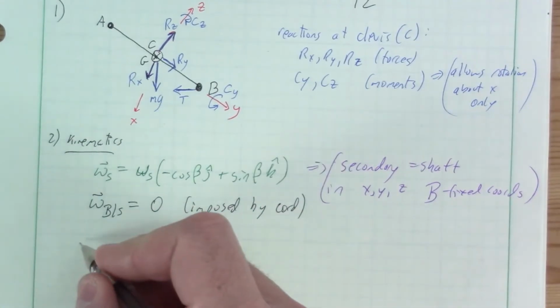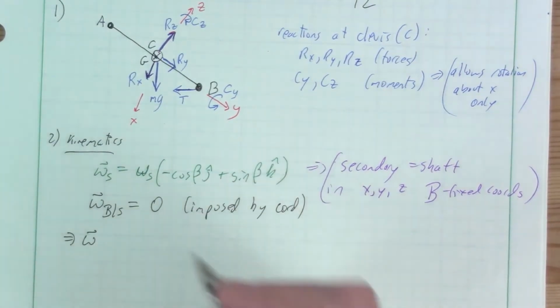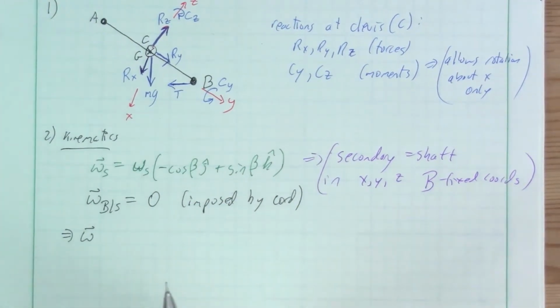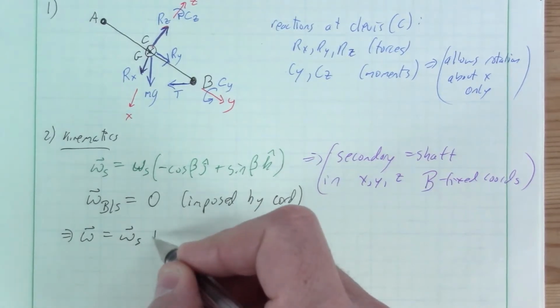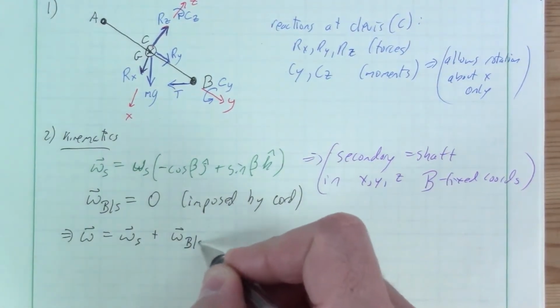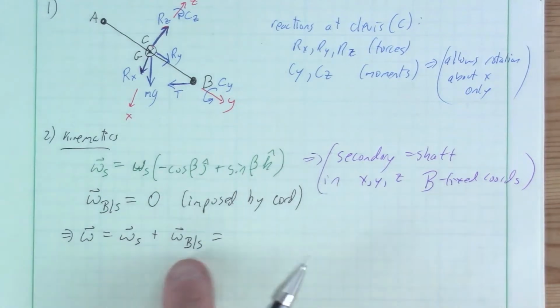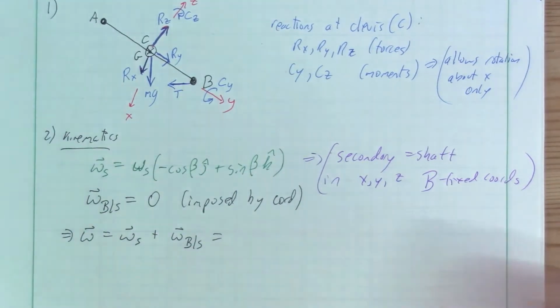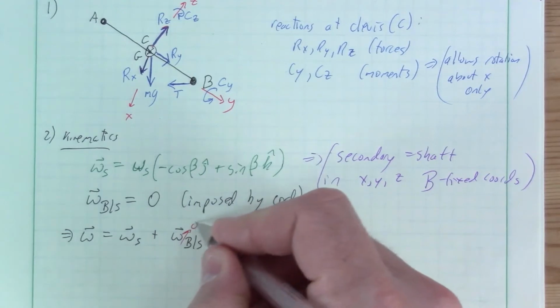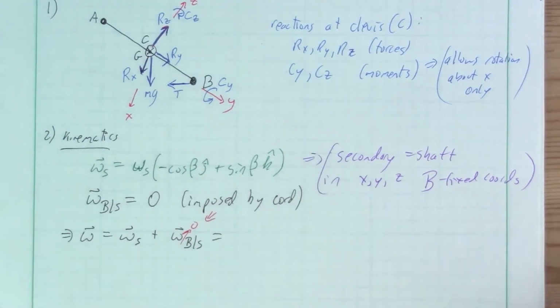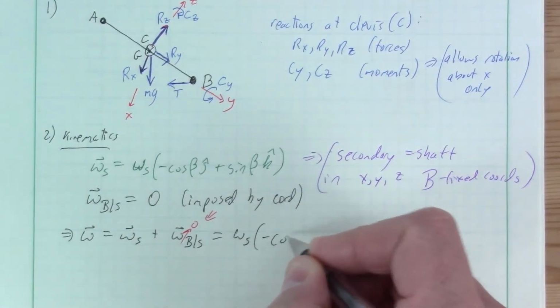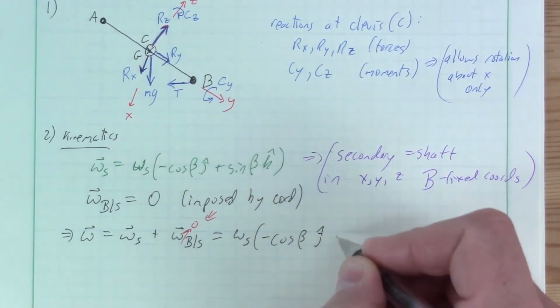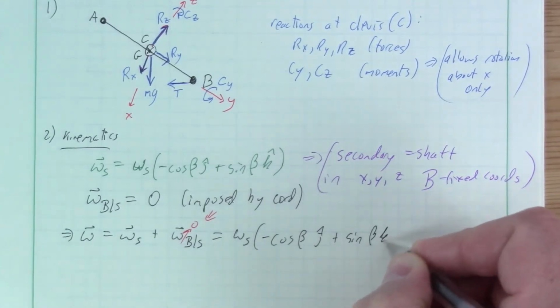Okay, so now we're prepared to actually get into these kinematic relationships. The angular velocity of the body is the angular velocity of secondary plus the angular velocity of the body with respect to secondary, which we already determined is 0. And then this just is omega s, so omega s times minus cosine beta j hat plus sine beta k hat.